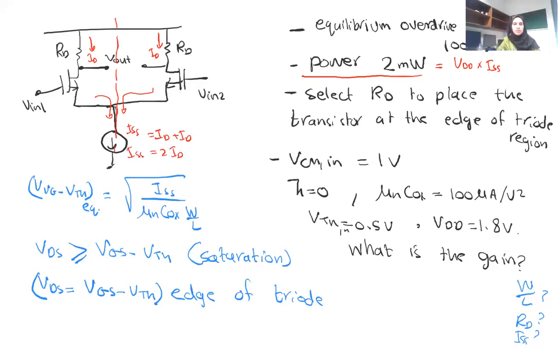Both of those branches are drawing current from the supply voltage, but the total current is equal to ISS. Is that clear? Okay. We can find ISS, and this is how much it becomes.